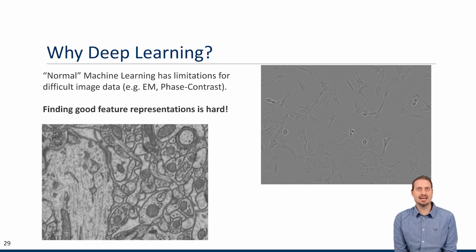And for these kinds of tasks, it's difficult to find a good feature representation. So in other words, by just computing these image filters, as we've done before, stacking them for the pixels and using this for the machine learning algorithm will not really give us very good results. We'll not go through this, but this is unfortunately the case. So for this, we need a more powerful model.